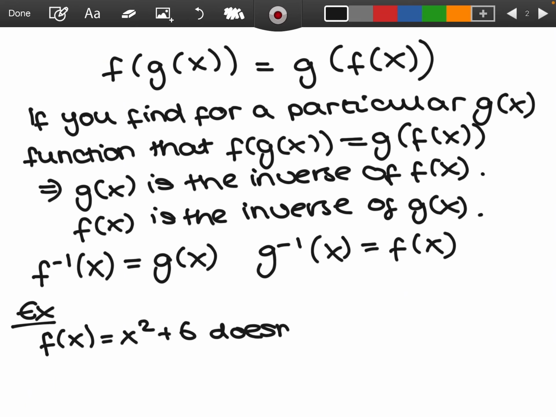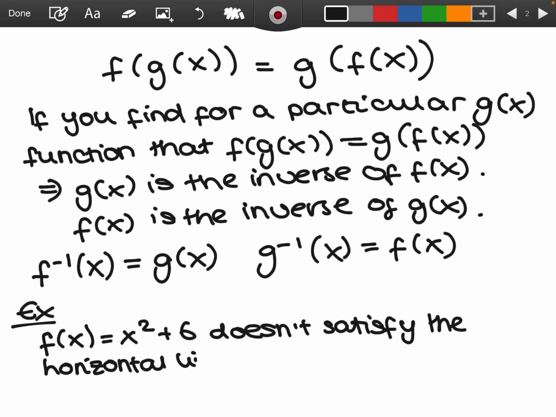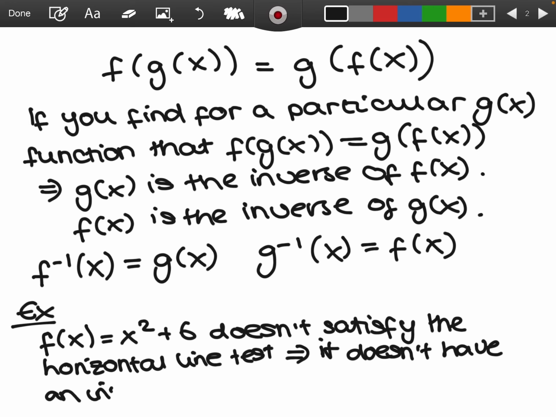So this particular function we already know doesn't satisfy the horizontal line test, which must mean it doesn't have an inverse, because it is not 1 to 1.